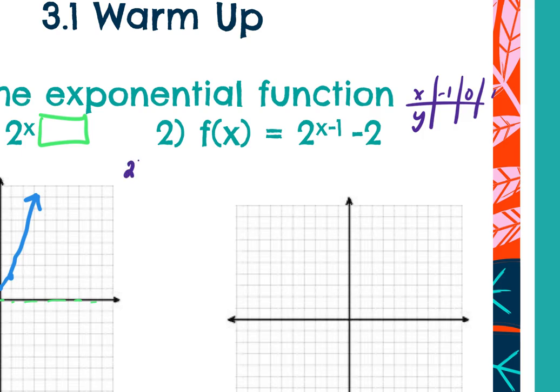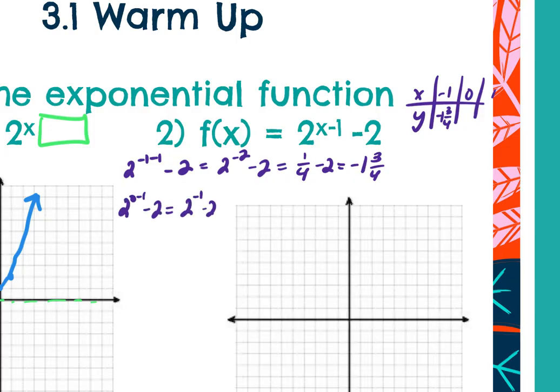And I get 2 to the -1 minus 1, minus 2, which becomes 2 to the -2 minus 2, which becomes 1/4 minus 2, -1 and 3/4. Then I do 2 to the 0 minus 1, minus 2, which is 2 to the -1 minus 2, 1/2 minus 2, which is -1 and 1/2.